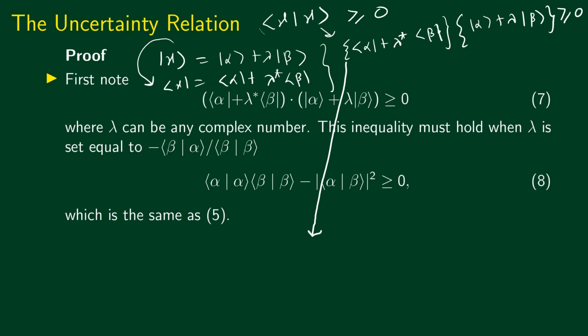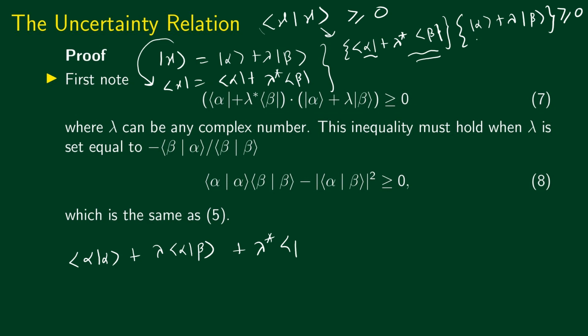We take bra alpha and combine it with every ket on the right side. So we have first bracket alpha alpha plus lambda bracket alpha beta, plus lambda star bra beta ket alpha, plus lambda lambda star bracket beta beta.